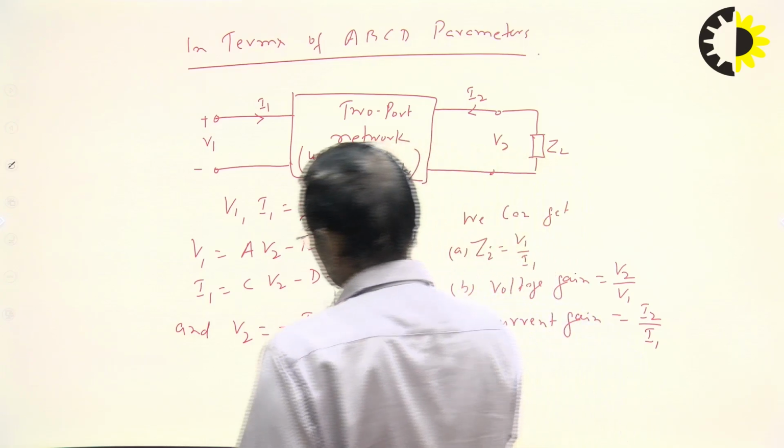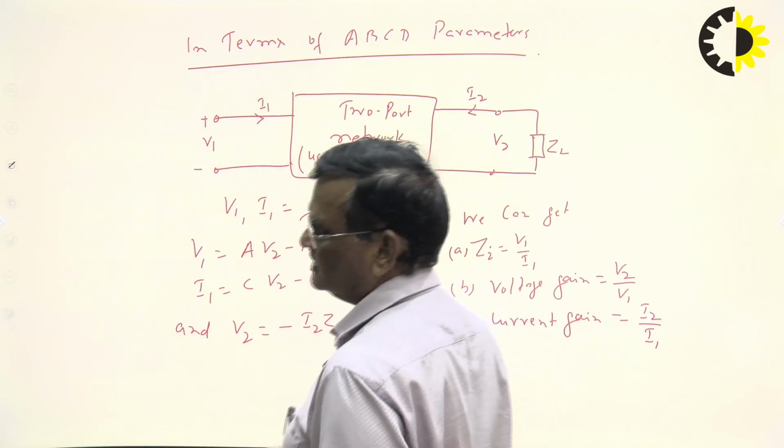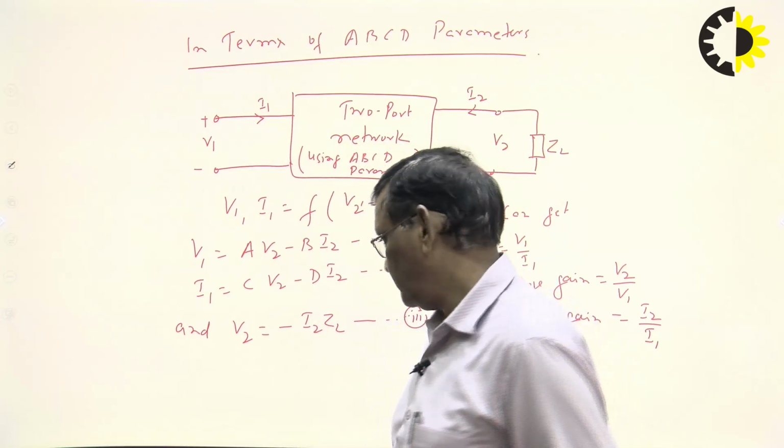So you have to use these three equations to get input impedance, voltage gain, current gain in terms of ABCD parameters.